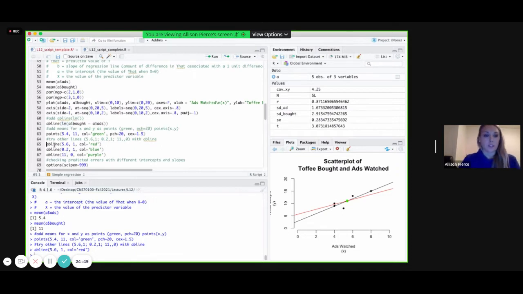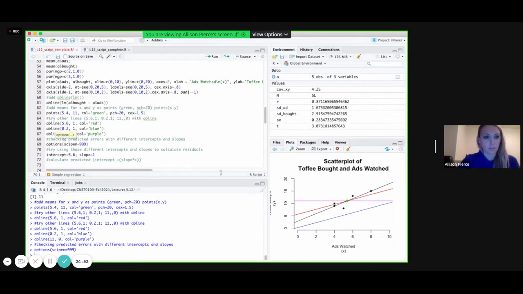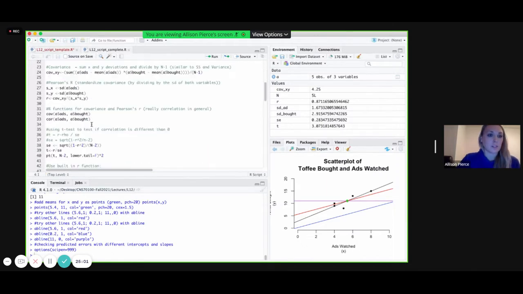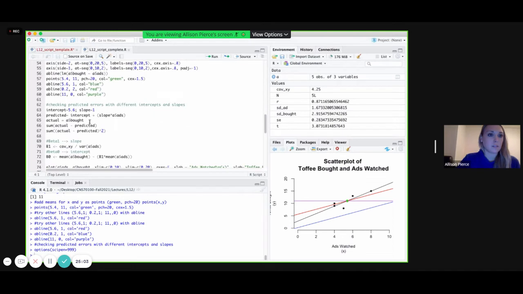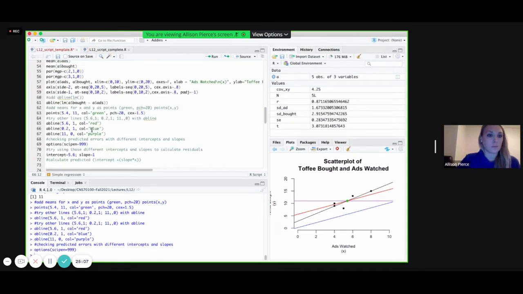So if we add in these lines here, you can see our blue one, I must not have done that blue one correctly. I can't remember what that one was supposed to be. They were all supposed to go through the mean. Oh, that's supposed to be a 2.